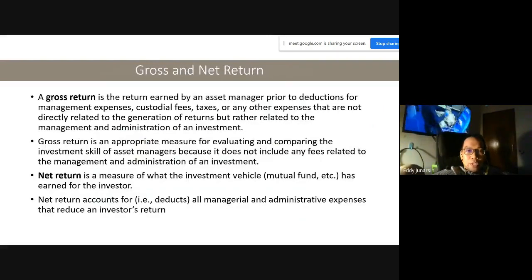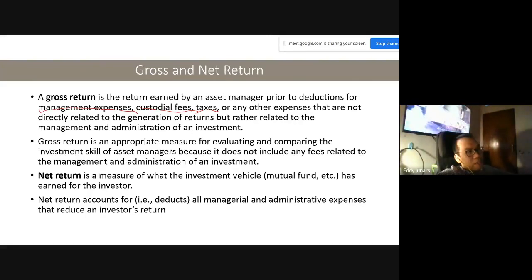So gross and net return. Net means net of things like management expenses, custodial fees, and taxes. For example, when you talk about your investment return, stock trading return, you have to cut it with the brokerage fees. For one trip when you buy, they will cut 0.17%, for example.